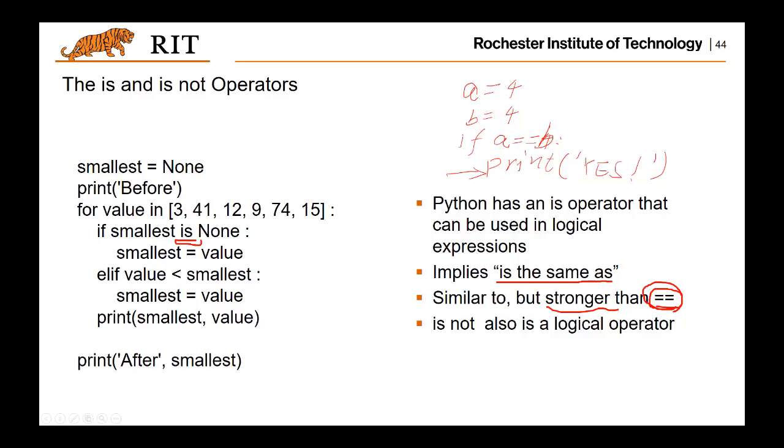Basically, it assigns the value on the right-hand side to the left-hand side variable. But the double equal sign means comparison. So it compares whether the values of A and B are the same. In this case, they are the same. So that means this line of code will be executed.